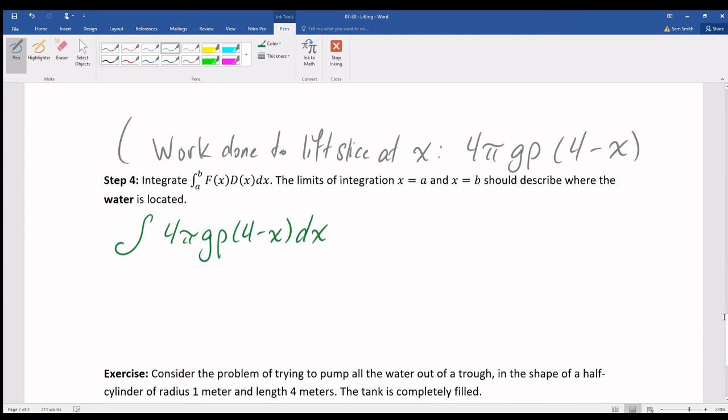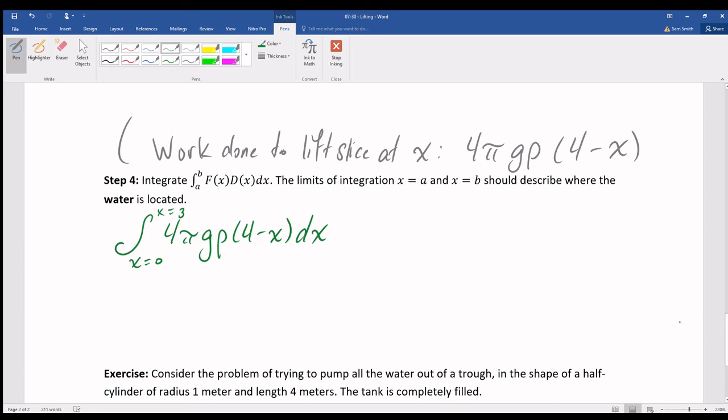So let's set our limits to be, here is the lowest slice of water that we need to lift, x equals 0. And here is the highest slice of water that we need to lift, x equals 3. And so we can integrate this expression with respect to x to find the total work done.